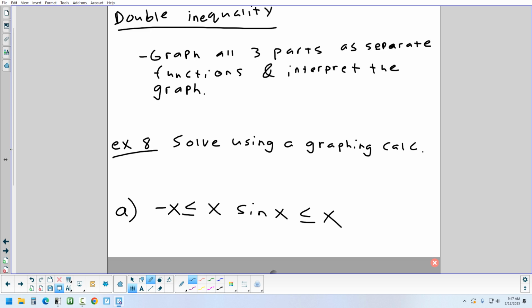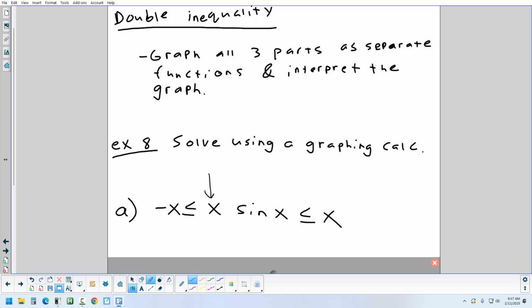Let's graph this and see what happens. Just looking at the middle, when you put a number in front of a trig function, what kind of transformation is that? Yeah, vertical stretch.